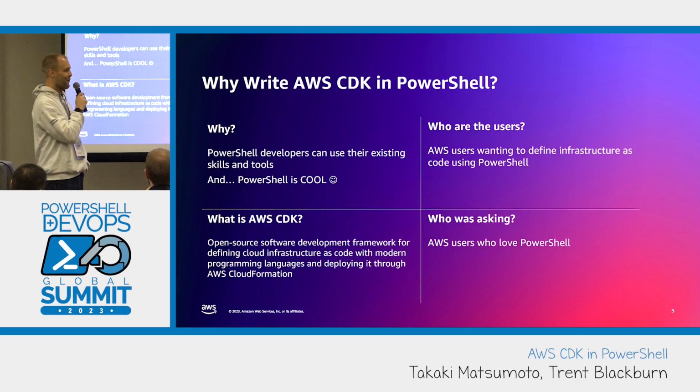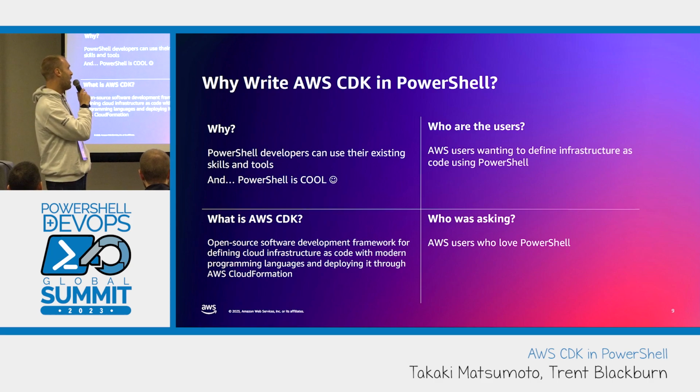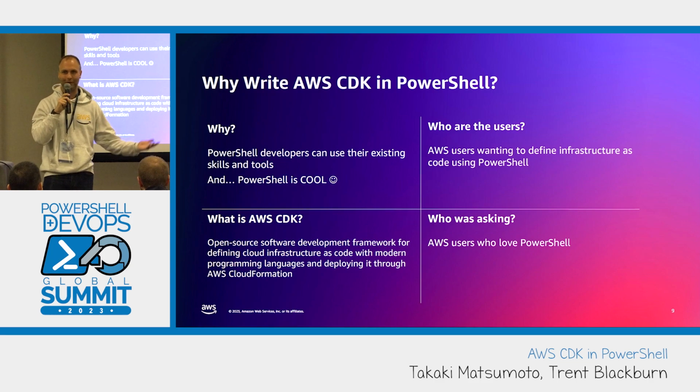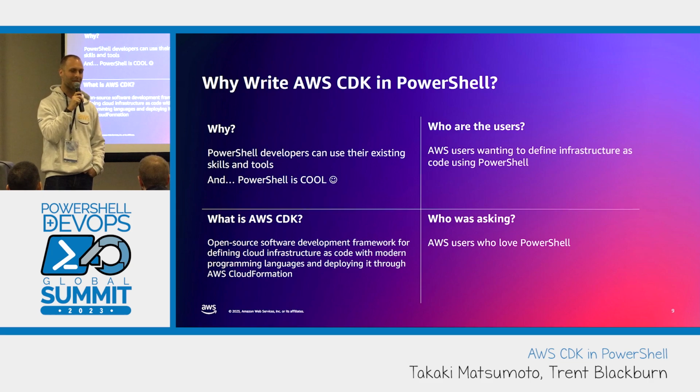All right, and so this is a nice little representation of exactly why we should write it. PowerShell's cool. We love PowerShell. We're all here because we enjoy using PowerShell, probably more than most other languages. So that's definitely why I have always been interested in this CDK implementation. I'm not super strong in Python or TypeScript or any of the other supported languages that CDK uses.